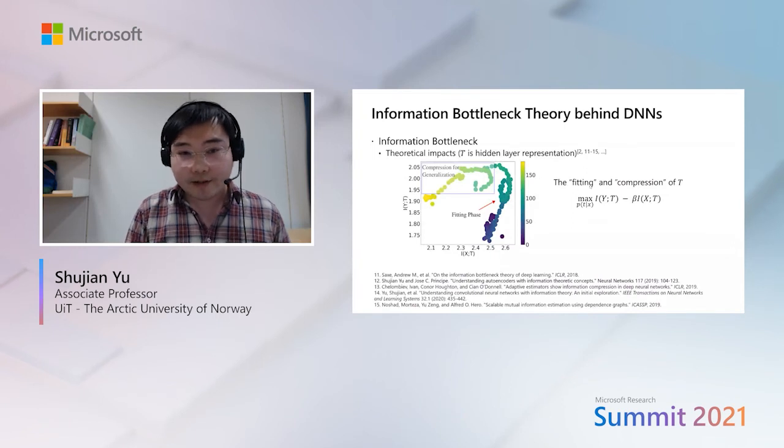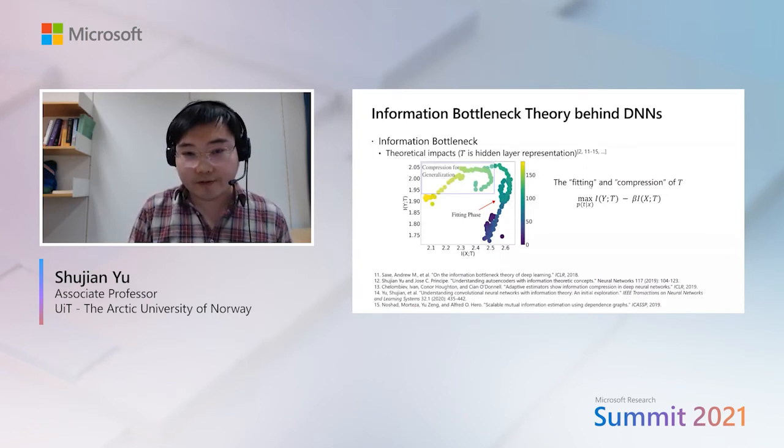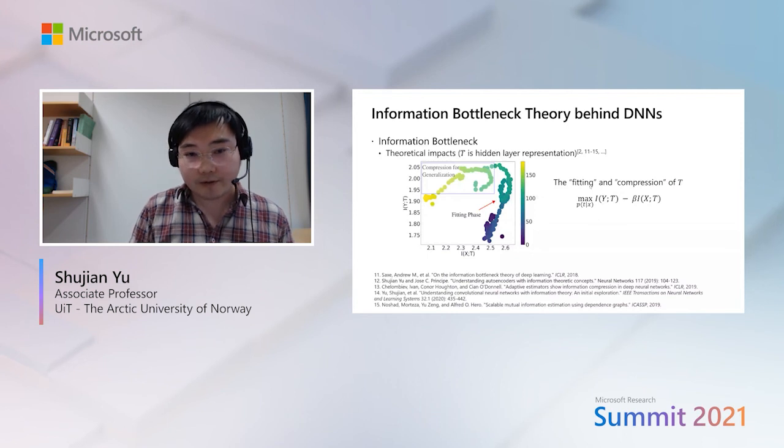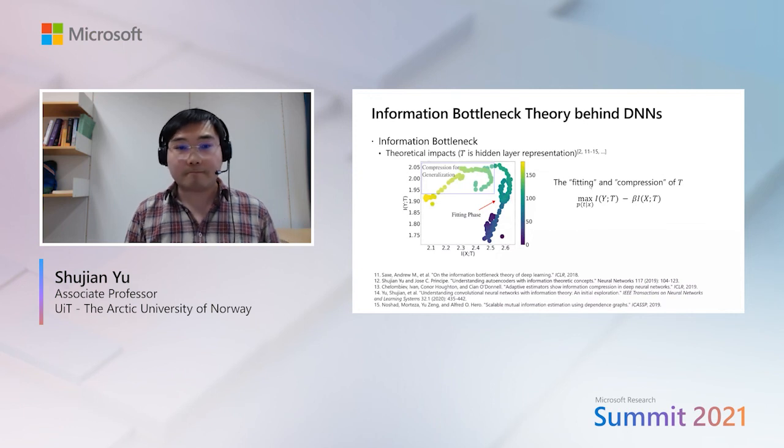And we can see that there are obviously two phases in the training of a deep neural network. In the first phase, the mutual information values increase drastically. However, in the second phase, the mutual information value, especially between X and T, begins to decrease, which means that there is a natural compression of the latent representation.